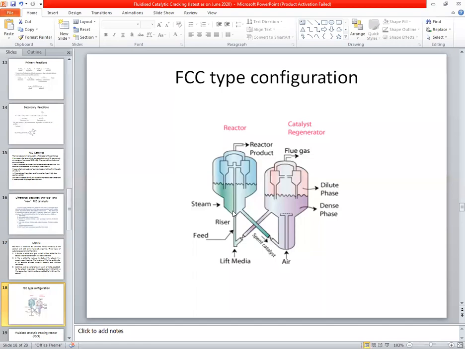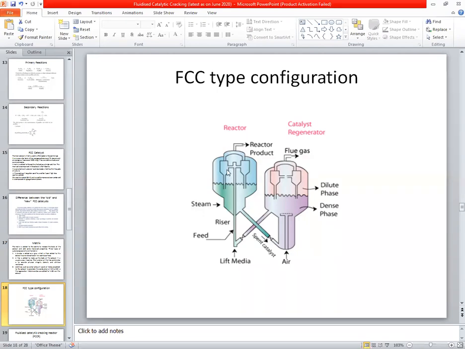So in this riser, this long tube, the residence time of the feed and catalyst is very low, 2 to 10 seconds. Remember this: the residence time in the FCCR is very low. Then the cracking occurs, meaning high hydrocarbons become low.